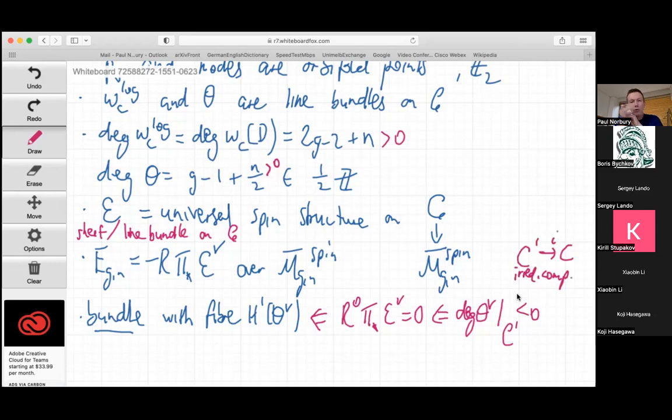So what this has proven is H0 of the theta dual is 0 on each curve. There's no global holomorphic sections. And so this thing that would normally be a virtual bundle, H0 minus H1, we've got an actual bundle here. And let me make a couple of remarks.